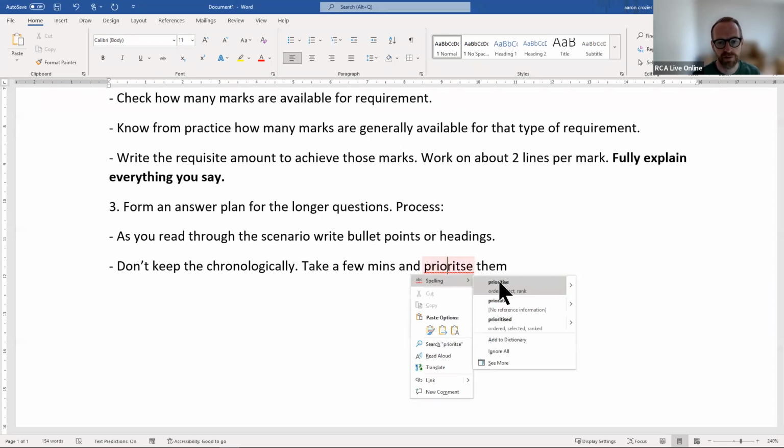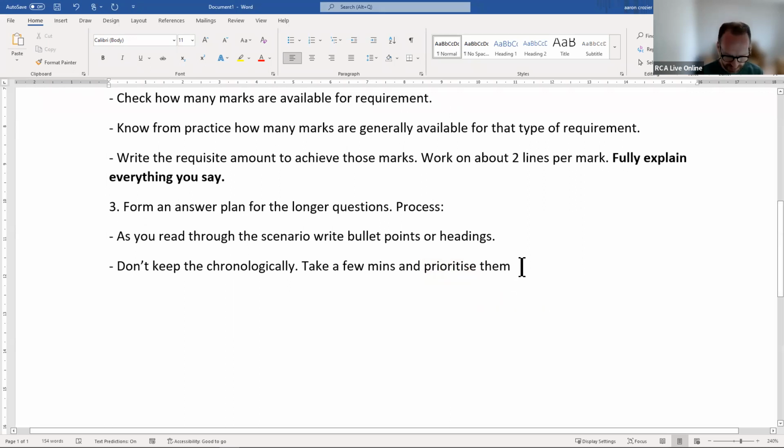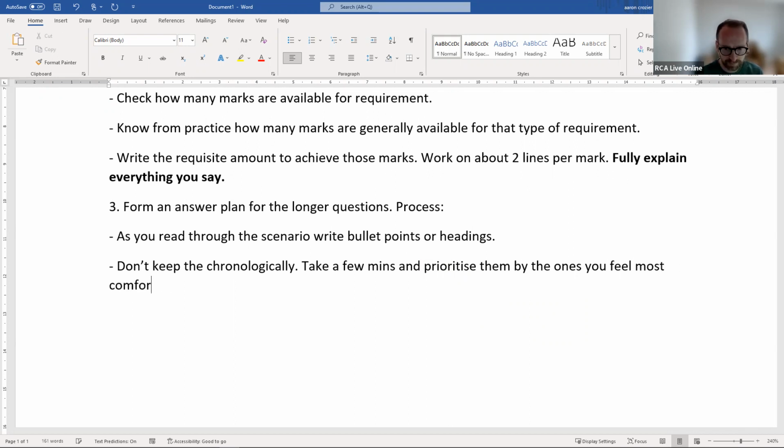Prioritize them by the ones you feel most comfortable with. What does that mean? It means they are obvious, because those are the ones that are going to be in the answer plan, believe it or not. And you can talk about them, because that's going to get you more marks.